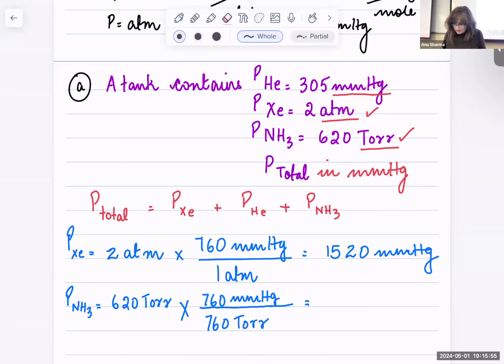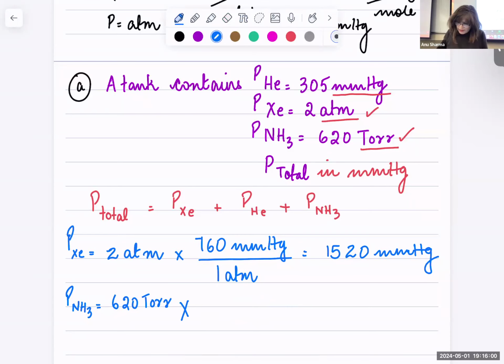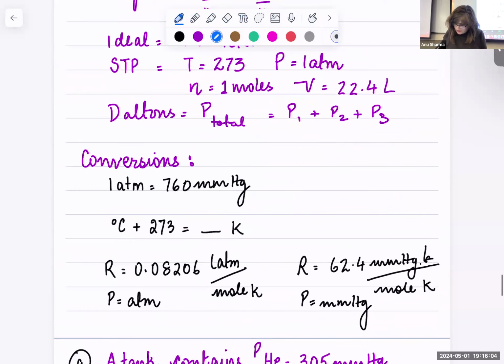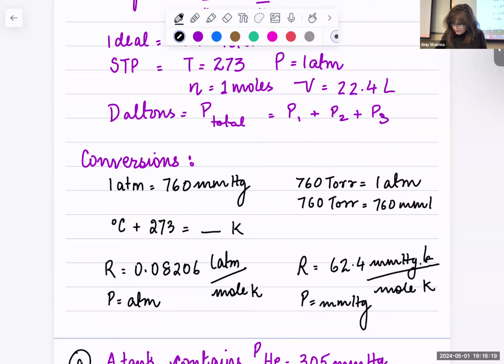They are the same units. So maybe you can make a note here that 760 torr is equal to 1 atm.